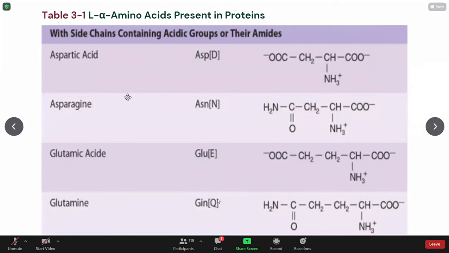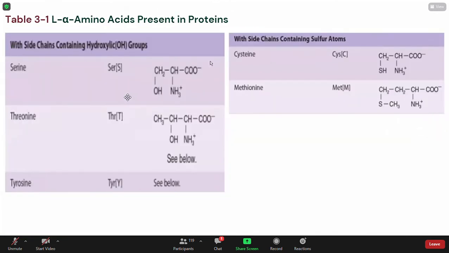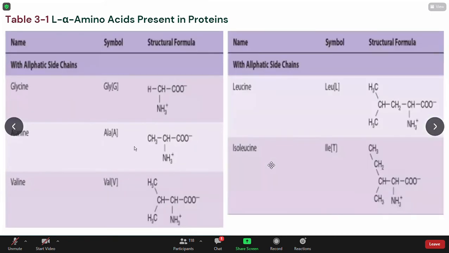Okay. And then glutamic acid is E, asparagine is N, aspartic acid is D because there's already alanine for A. And then you have cysteine for C, M for methionine, and then your T is threonine, S is for serine, and Y is for tyrosine, because T is already threonine, so T, Y, R. Okay.